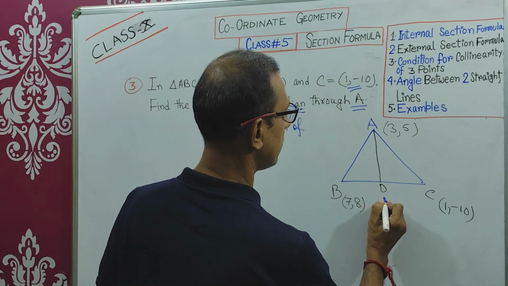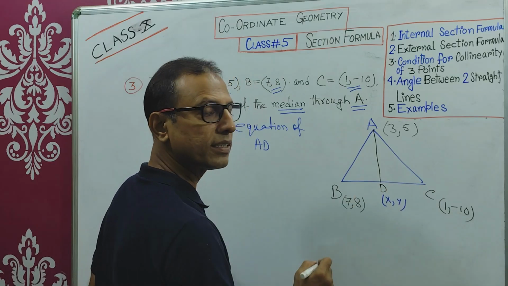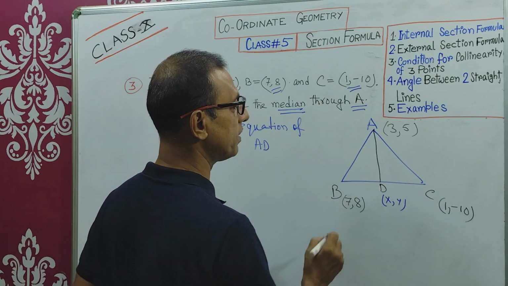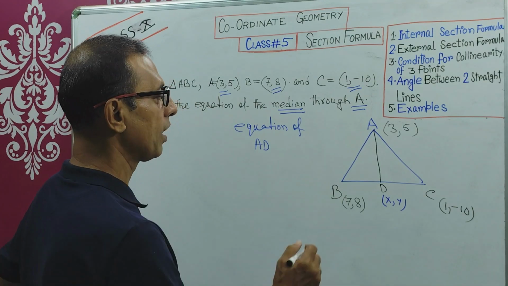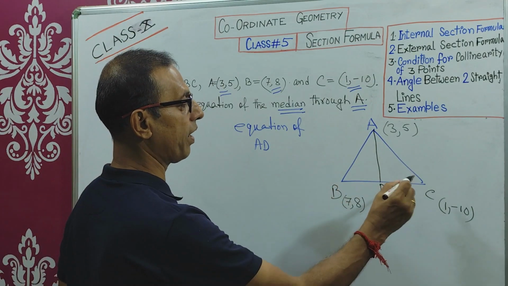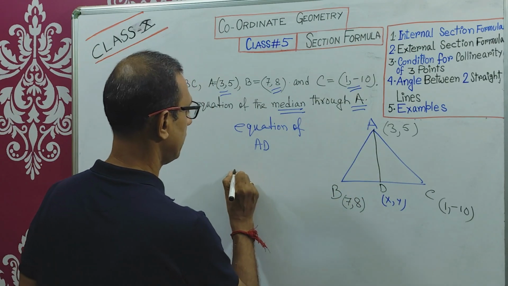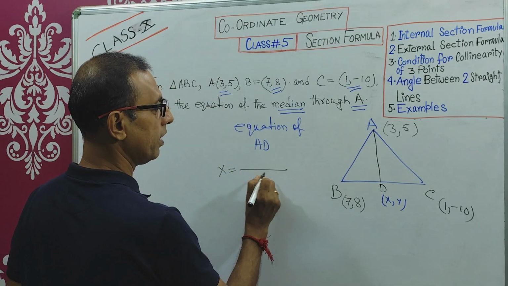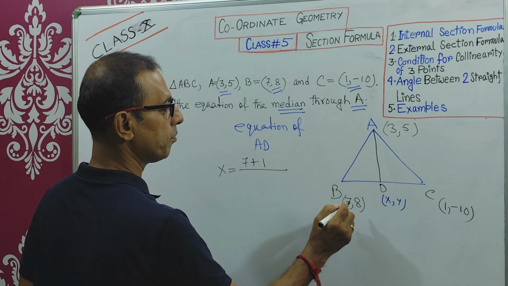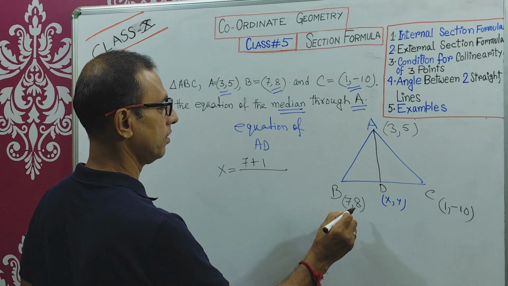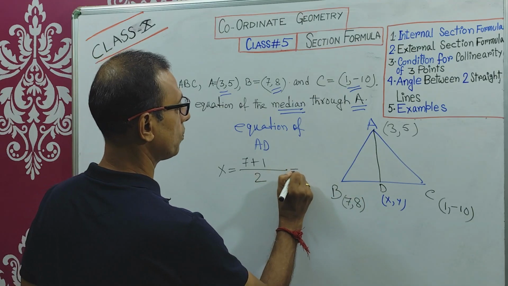So let's say it is x, y coordinate, and since it is a median, D is the midpoint of BC. So what is the formula to find the midpoint? If it bisects the segment of a line, that means x equals x1 plus x2 by 2, means 7 plus 1 by 2, that is 4.